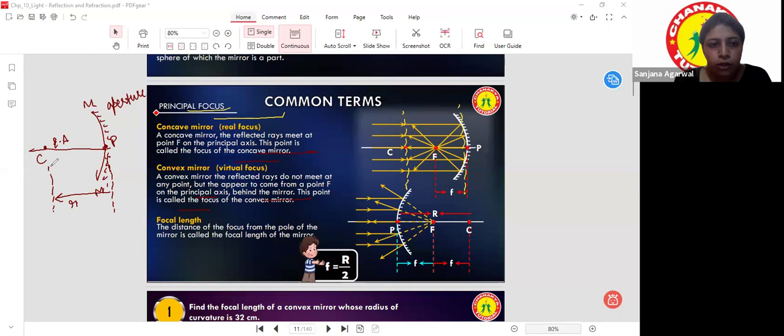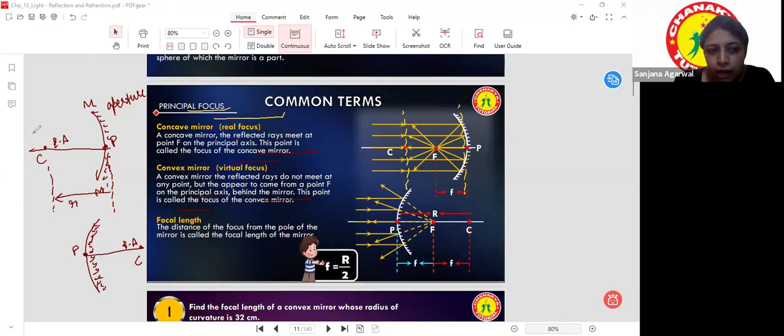First of all, let me draw the same diagram for convex mirror as well. Now, here comes the difference, because in convex mirror, the side where we'll be having the center is opaque. Let us say this is the pole of convex mirror. If we join this, we get principal axis.